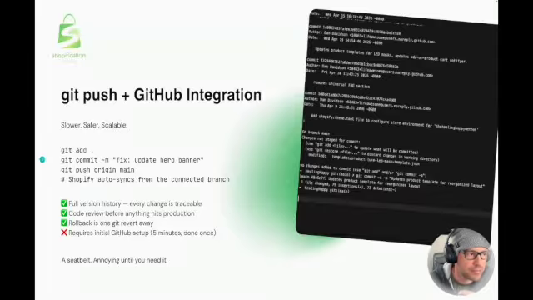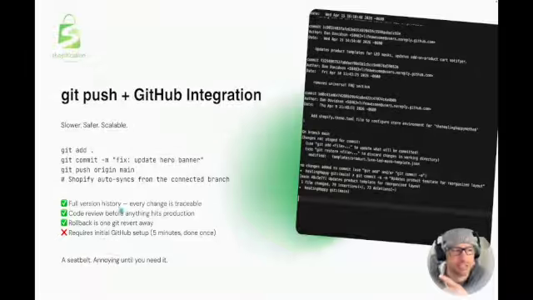So here's the process: git add, git commit with your commit comment. You git push to your remote branch, and from then on, it auto syncs with the live Shopify instance that you're working on. Gives you a full commit history, full version history.